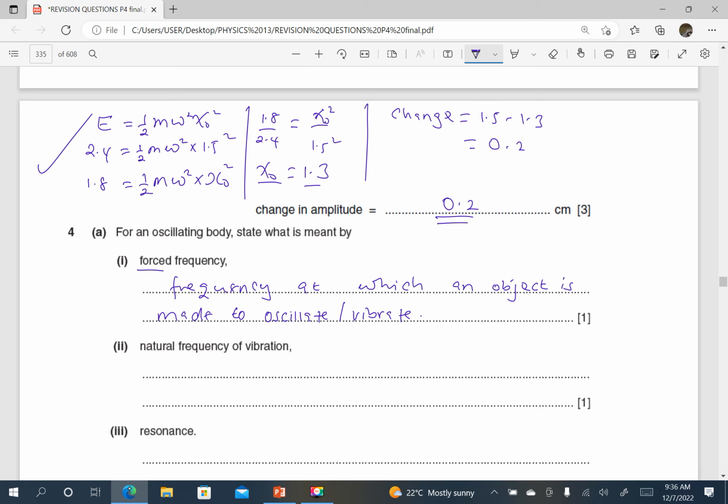The object is not vibrating on its own, it is just made to vibrate on that frequency. It is just forced to vibrate on that frequency. So the frequency at which an object is made to vibrate is called the forced frequency.